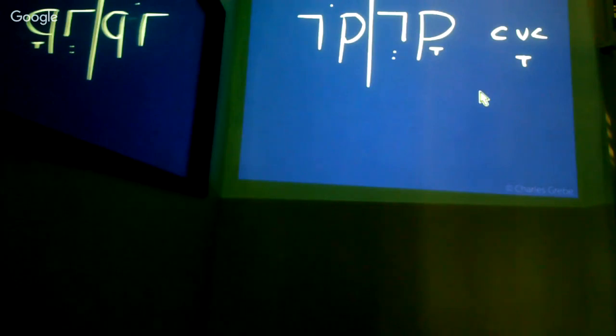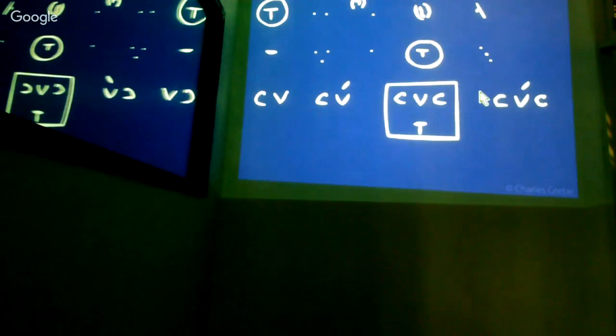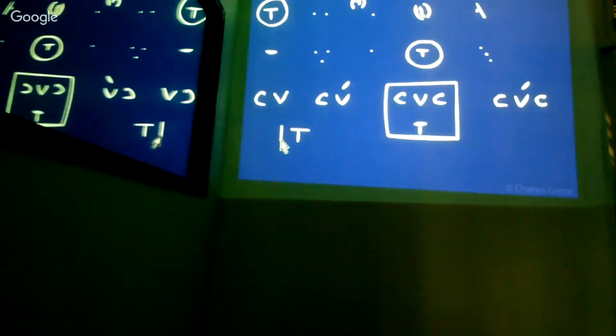So if you remember our basic rule, then you know how to distinguish the two. Now there's another case, but we've already dealt with it. If you see a methegh before a Qames, you know it is a long A, a real Qames.